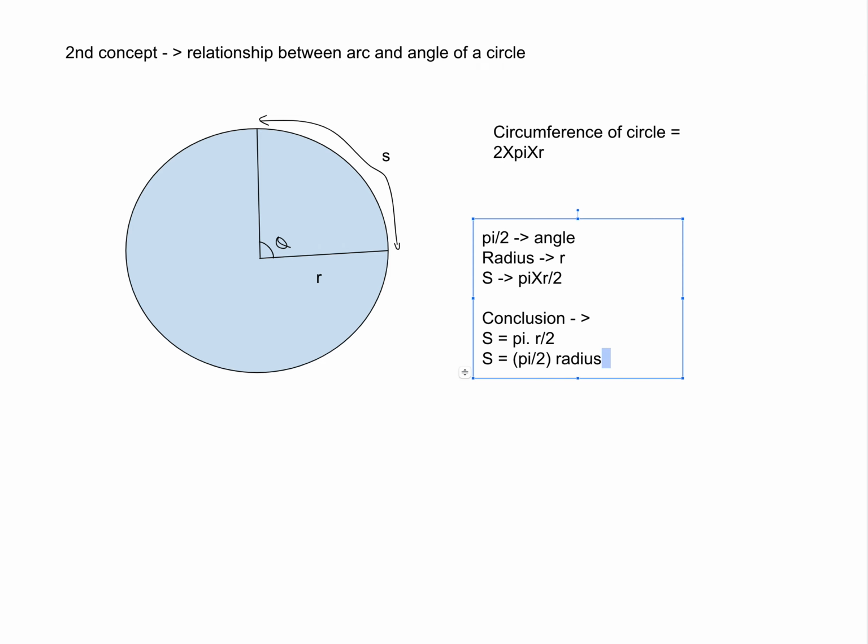So that means that the arc is equal to theta. I do not have a theta symbol here, so I am writing theta multiplied by radius.